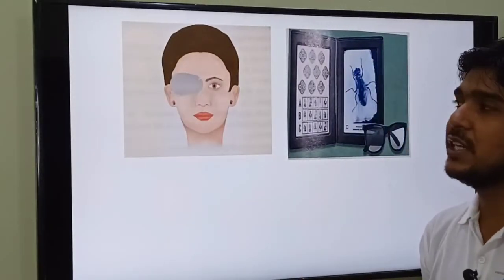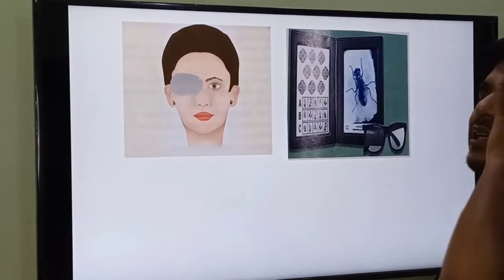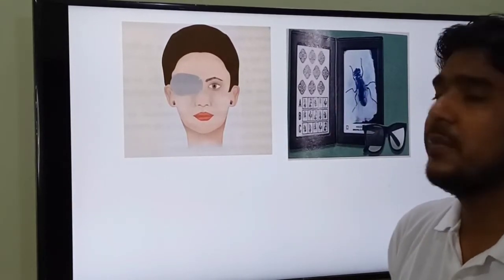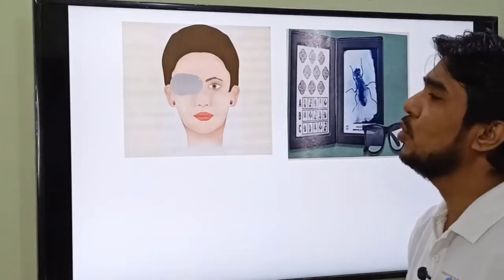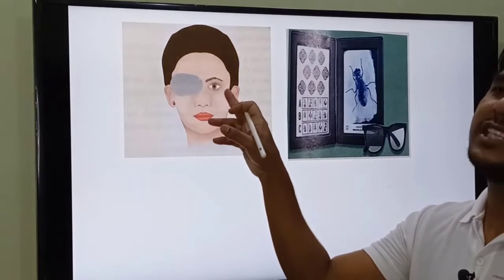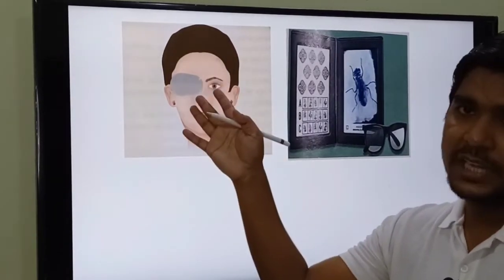Now what is this indicating? I am not just telling you about the things. Tell me, what is being done? Suppose this eye is having a vision of 6/12 or 6/18 since childhood, and it is a 3-year-old child.